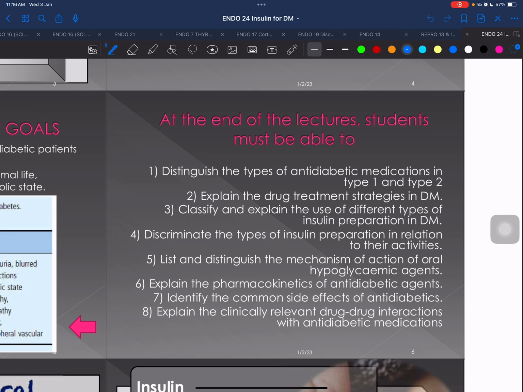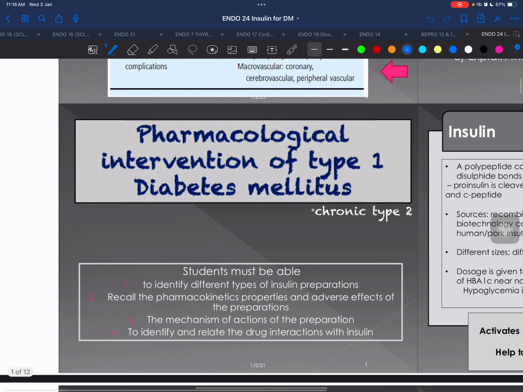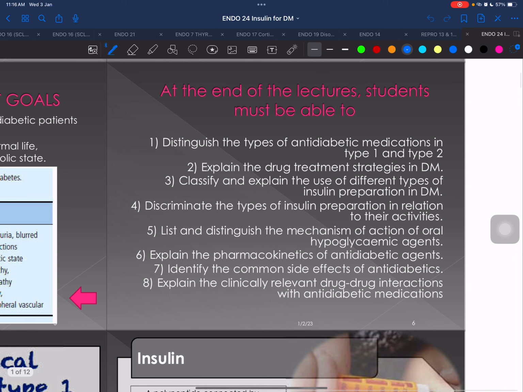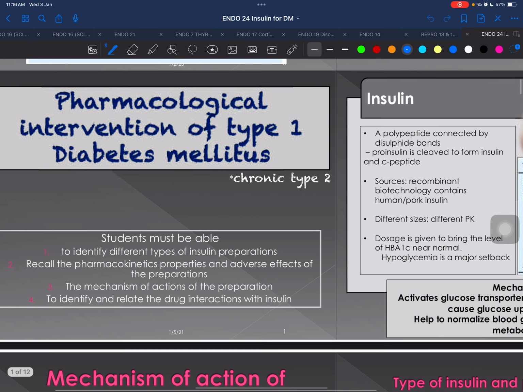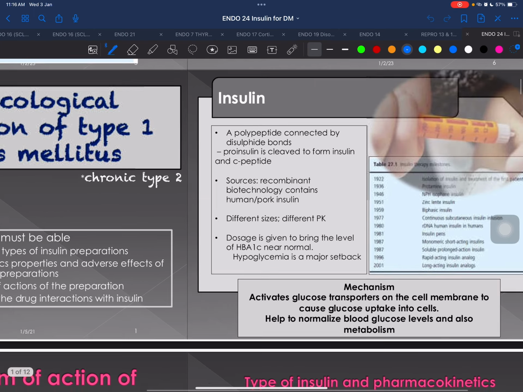Okay, identify common side effects, explain clinically relevant drug-drug interaction with anti-diabetic medication. I rasa anti-diabetic lectures yang paling banyak lecture outcome. Okay, so I put it there so that you know what are the things that you have to know. Okay, yang ini saya skip.